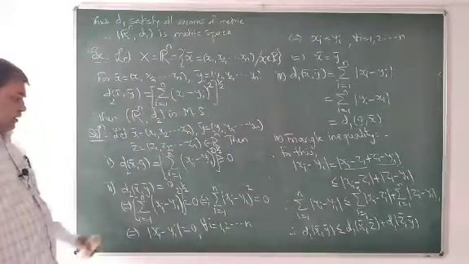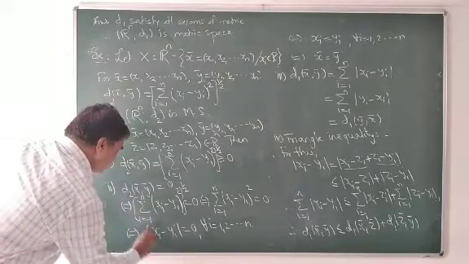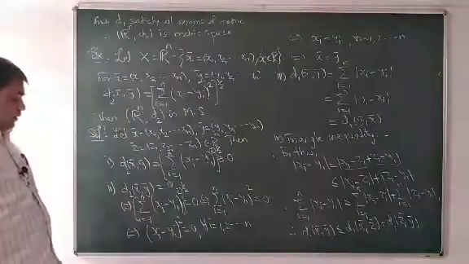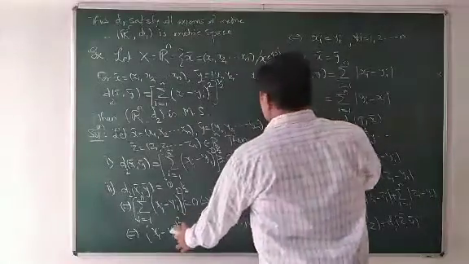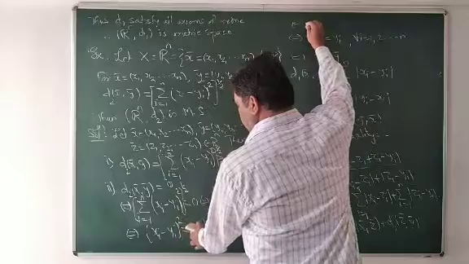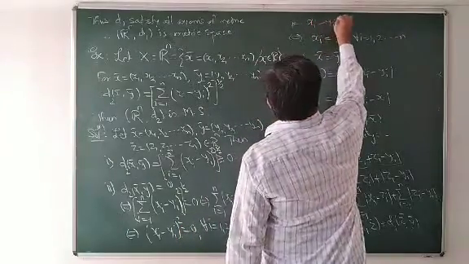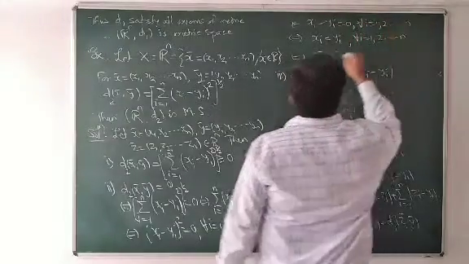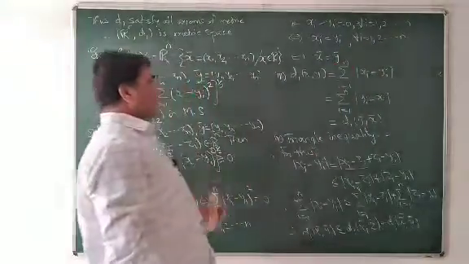But then every xi minus yi square must be 0 for every i equal to 1 up to n, and the square root of 0 is again 0, so we get xi minus yi is 0 for every i. So we will get xi is equal to yi, which implies x bar equal to y bar, and reversely.